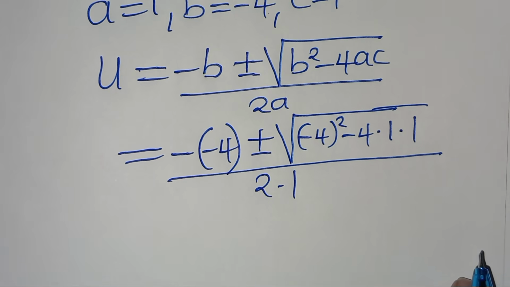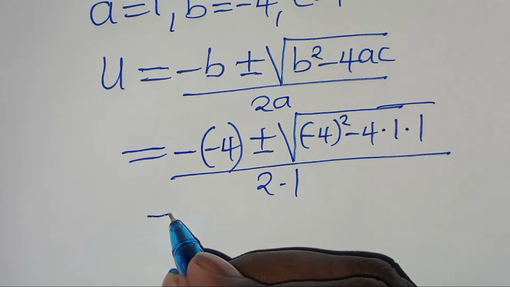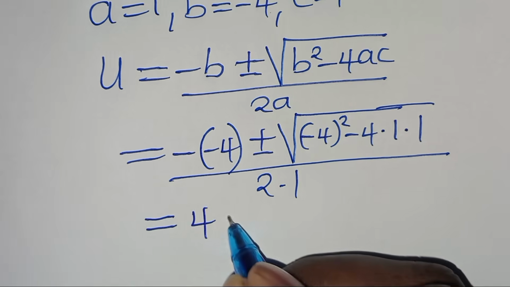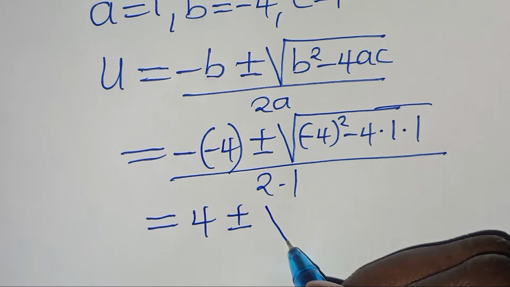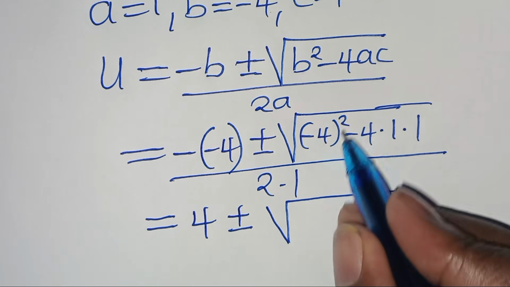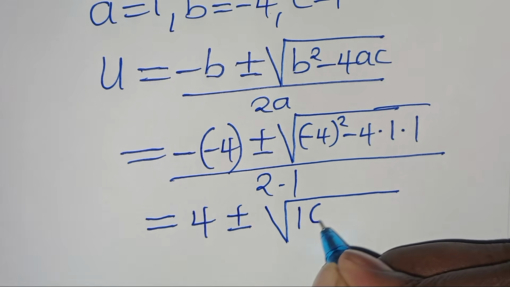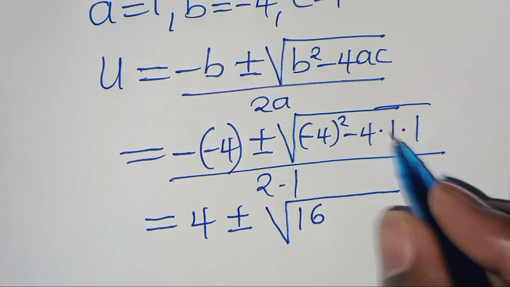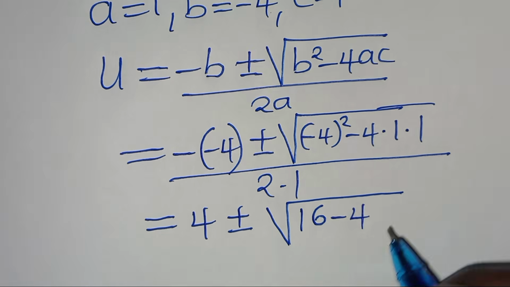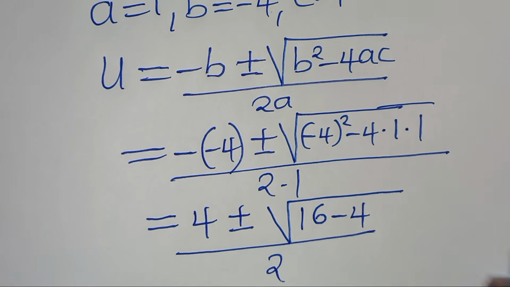So negative times -4 is 4, plus or minus the square root of (-4) squared, which is 16, minus 4 times 1, divided by 2.